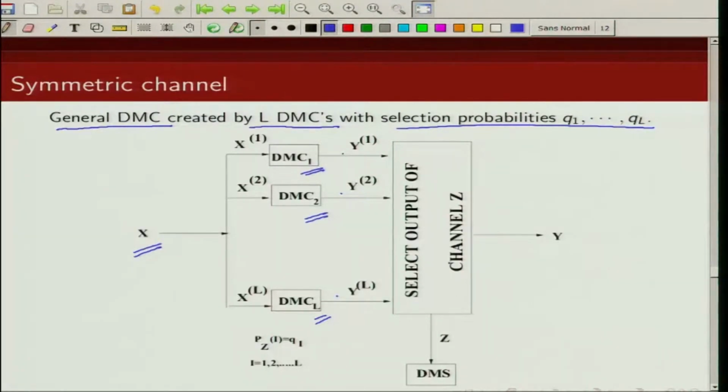So the output, you can think of, is I am choosing either this channel, this channel, or this channel, and this is my selection probability. Okay. So X is my input here, Y is the output of the discrete memoryless channel, and Z is deciding which channel is being chosen.